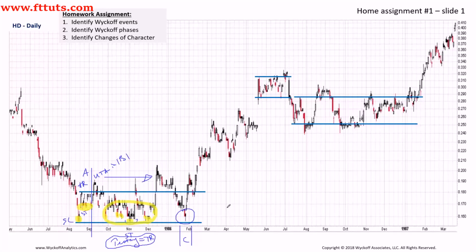The price action, unlike the other tests in phase B, the price gets much closer, and the spread of the bar narrows, and the rally that follows that for the first time traverses through the trading range, commits itself above the resistance level, and then stays above that resistance level.